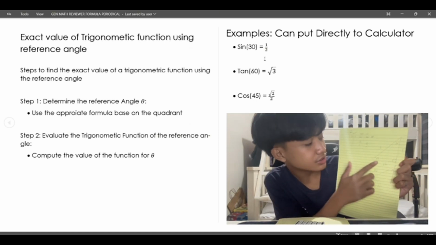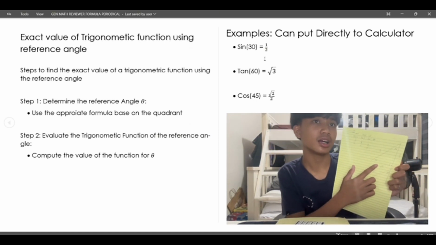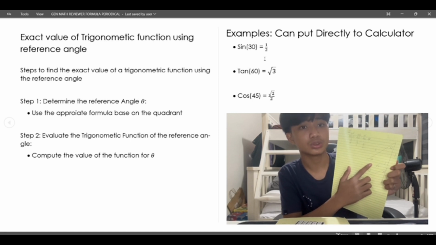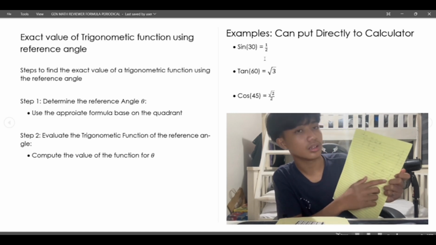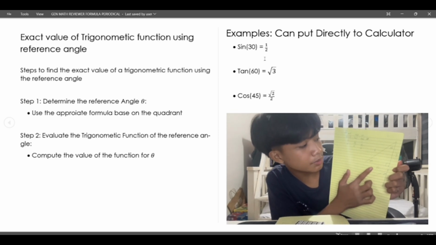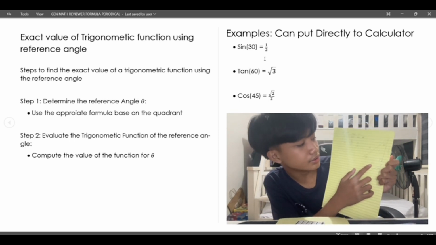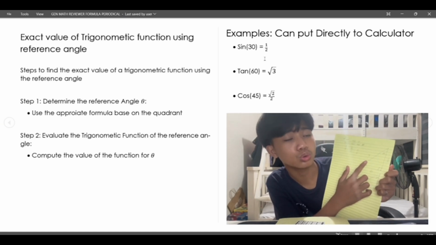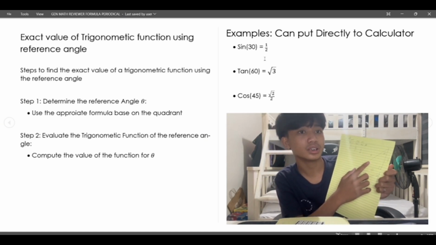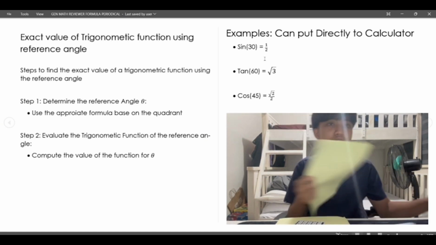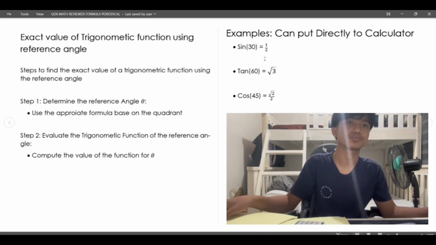Sine is opposite over hypotenuse. Our opposite of 30 is 1, and our hypotenuse is 2. So the answer is 1/2.